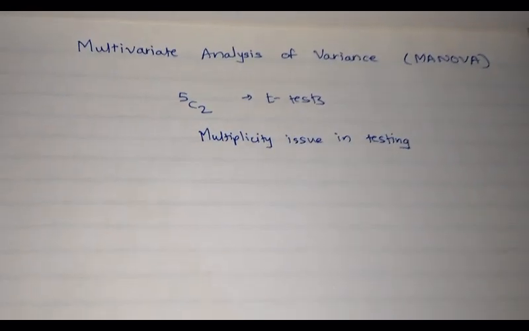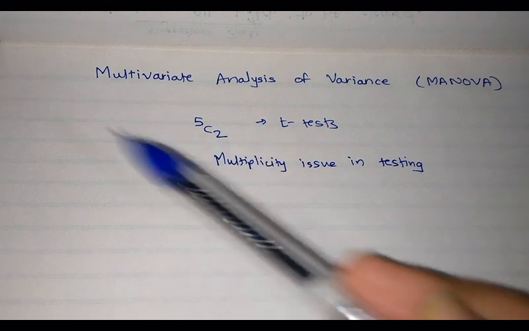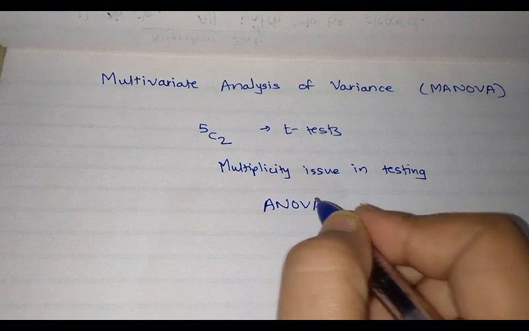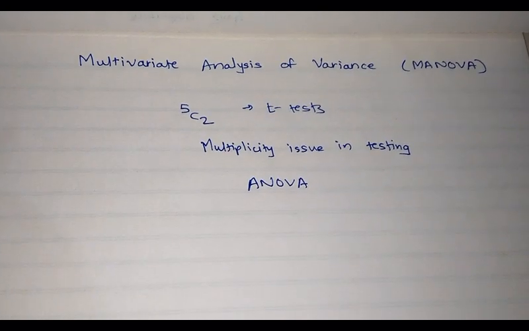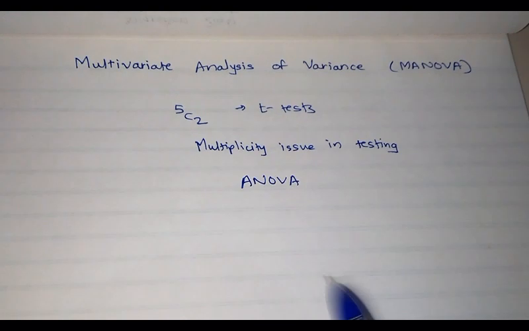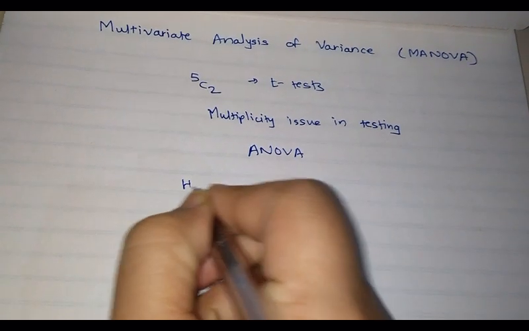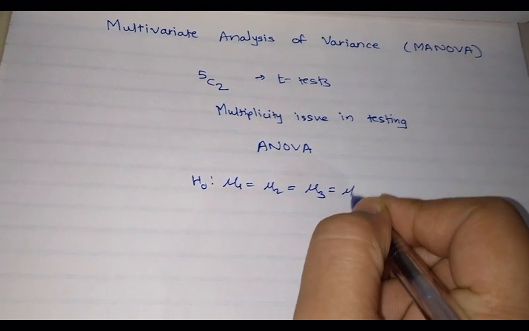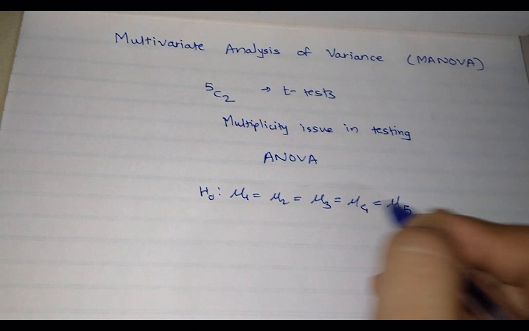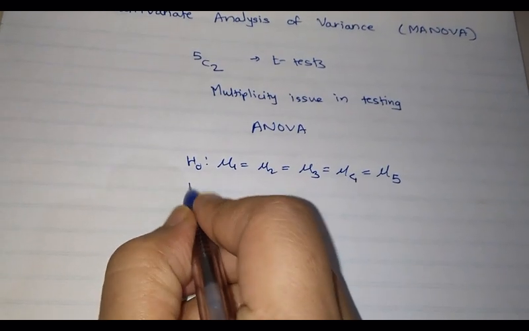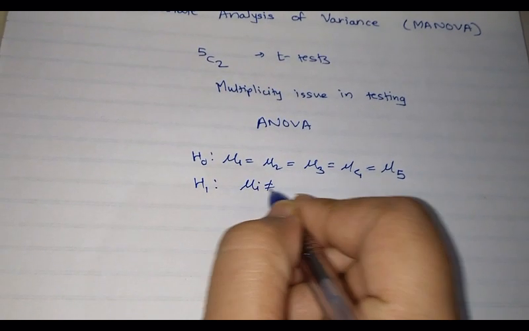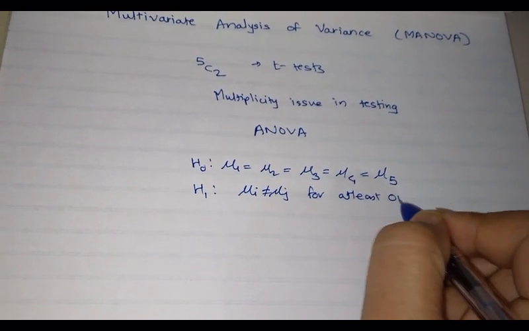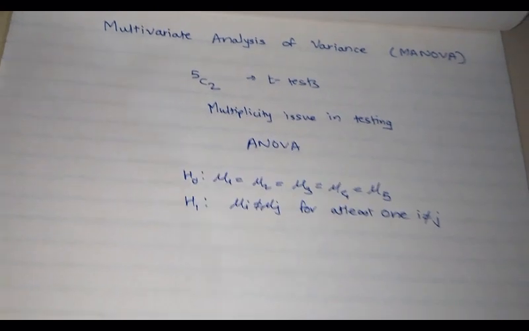Hence people thought that instead of conducting 5 choose 2 t-tests, can I have one test, and that's why ANOVA came into the picture. So what ANOVA does is, if you have 5 populations, then my ANOVA H0 would be mu1 equal to mu2 equal to mu3 equal to mu4 equal to mu5, that is, all these have the same mean, versus mu i not equal to mu j for at least one pair i, j, for at least one i not equal to j.